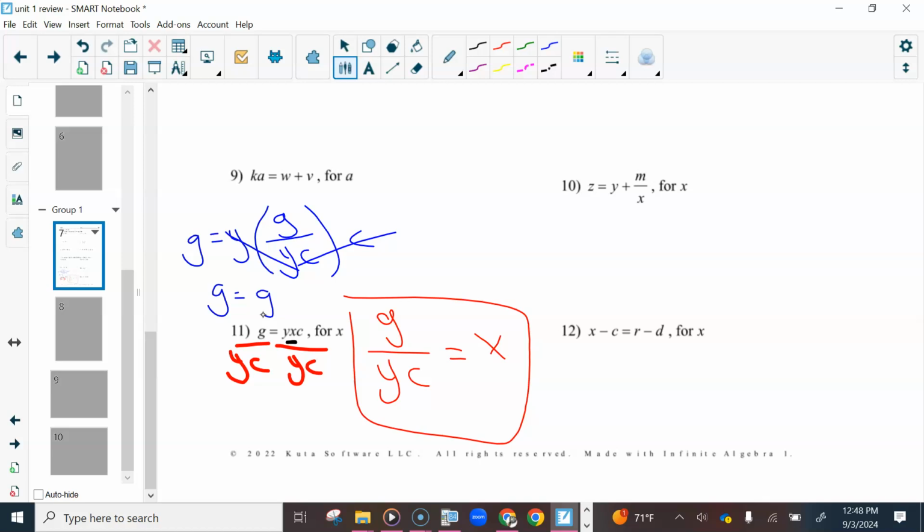I don't know what g is, but because they simplified and they equal the same thing on both sides, I know we got the right answer here. That's a good way to check yourself. Questions on that or other questions throughout the review?